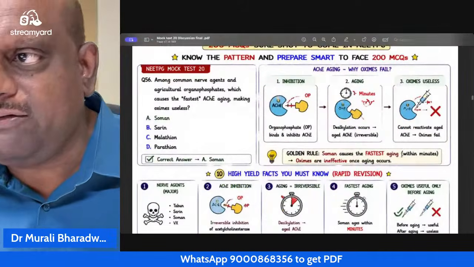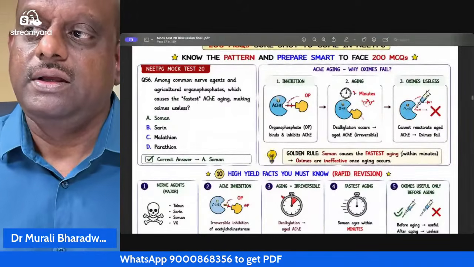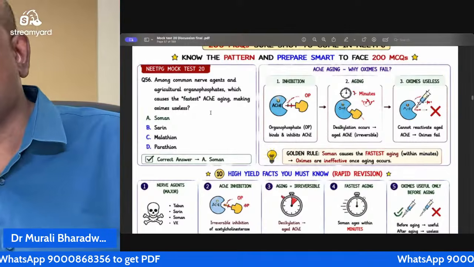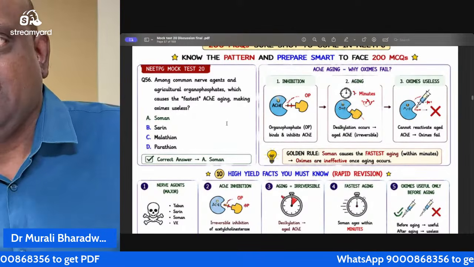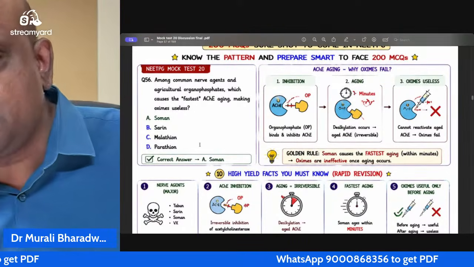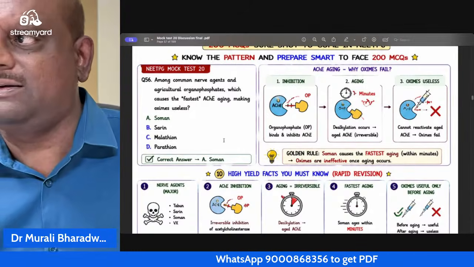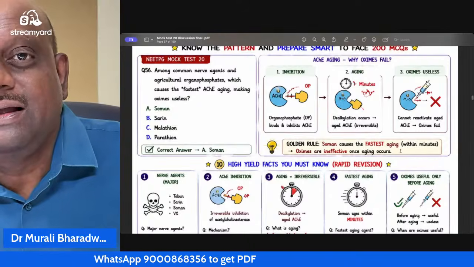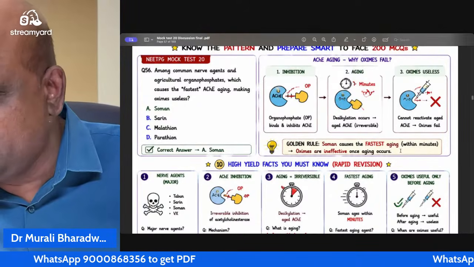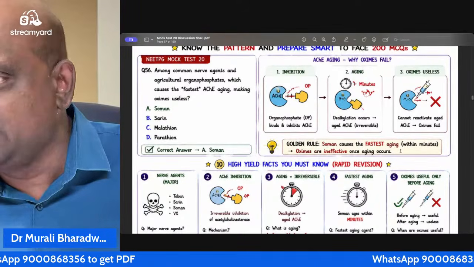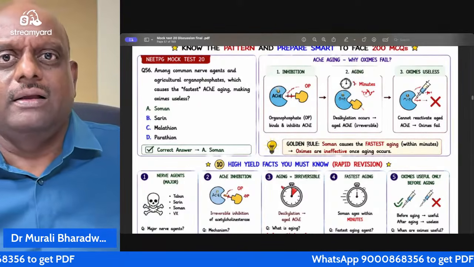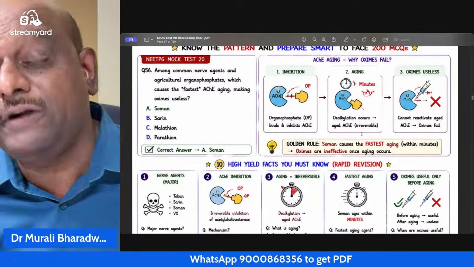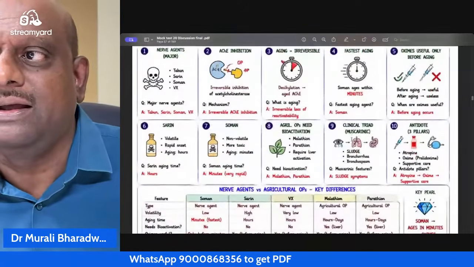Among the common nerve agents, which is the fastest, with acetylcholinesterase aging, making oximes useless? Which agent is it? It is Soman. Soman causes the fastest aging of the cholinesterase, and giving pralidoxime is ineffective if at all the poisoning is due to Soman.